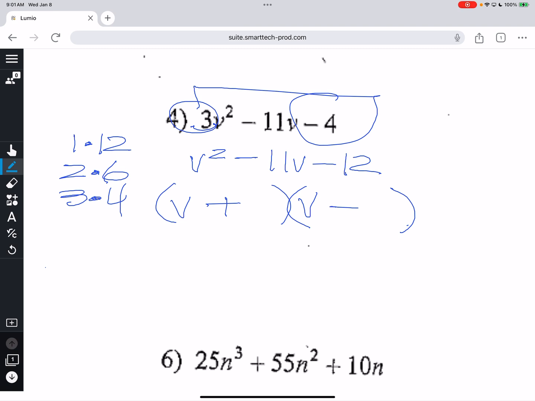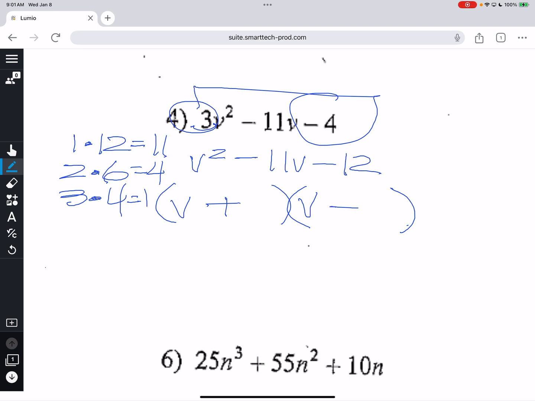When we work with this, we then need to subtract to get 11. So what's 12 minus 1? 11. But then go ahead and look: 6 minus 2 gives us 4, and this gives us 1. We still only have one way to work it, and that is 12 and 1. We need it to be a negative.